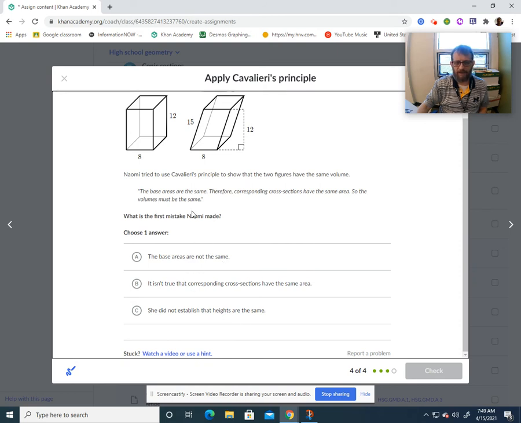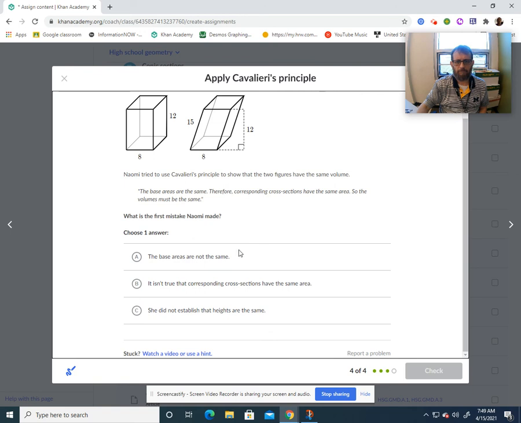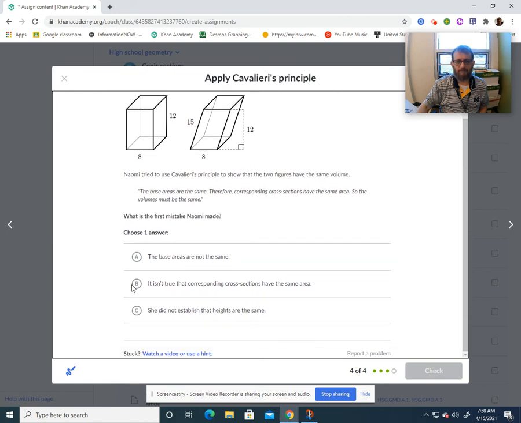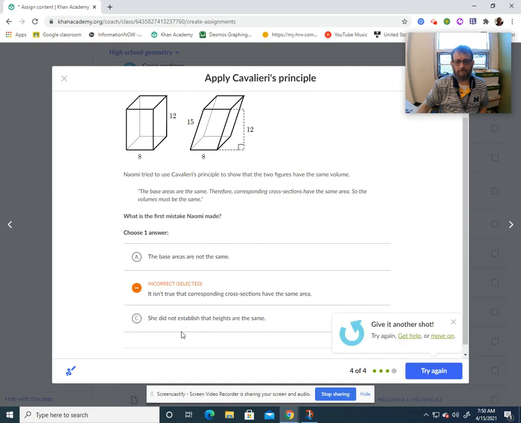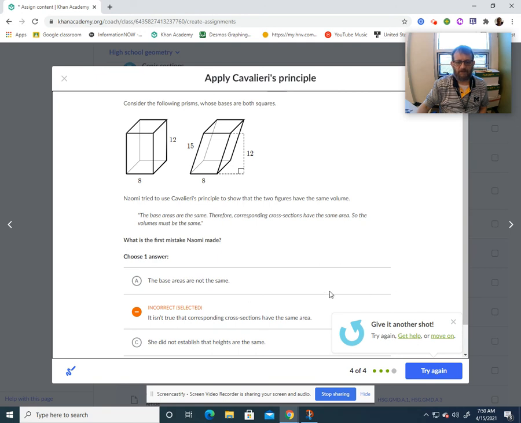Now, where did she make a mistake? The base area is the same. Well, the only thing, okay, I'm actually confused by what they're asking here.